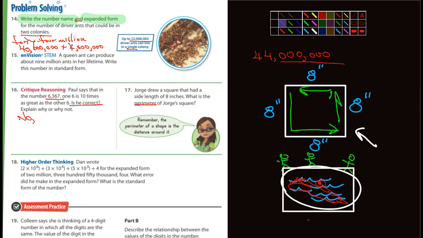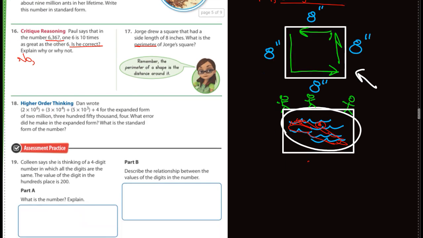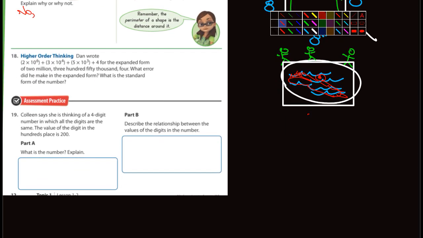So, okay, shoot. What do we got left here? Anything that you guys need help with? Let me look. Number 18, Dan wrote. Looks like that's expanded form using exponents. What error did he make in expanded form? What's the standard form of the number? So, number 18.